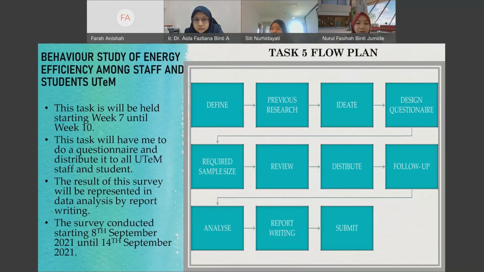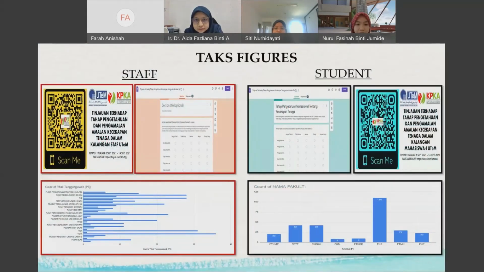After it reached the required minimum sample size, I started to analyze, and right now I'm working on the report writing. Okay, so these are the example figures that have been done: the Google Form for staff and the Google Form for students.